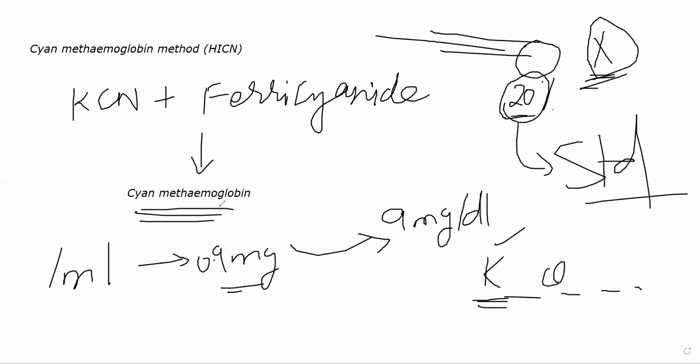You are not measuring directly the amount of hemoglobin, you are measuring the amount of cyan methemoglobin that is present in the person's body. Hemoglobin amount will not change.